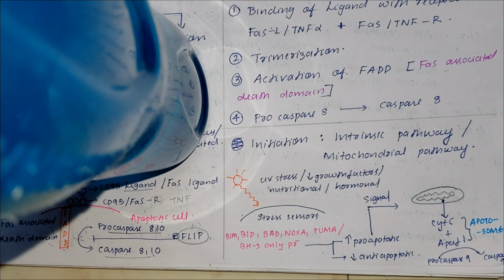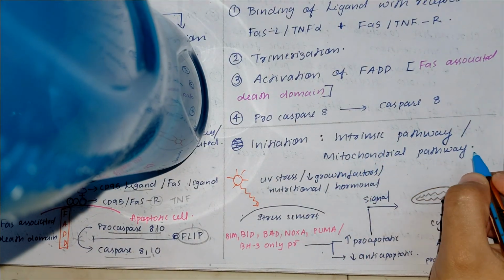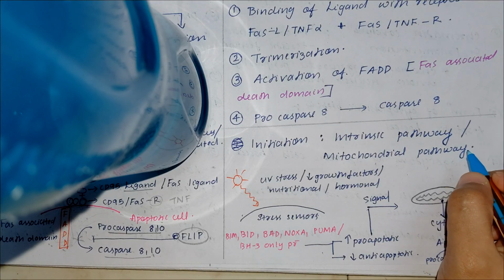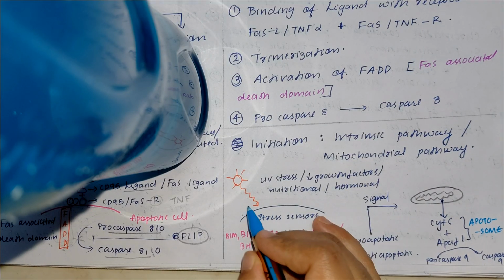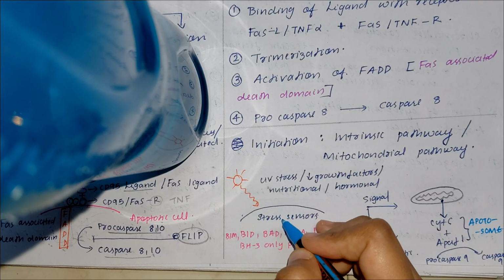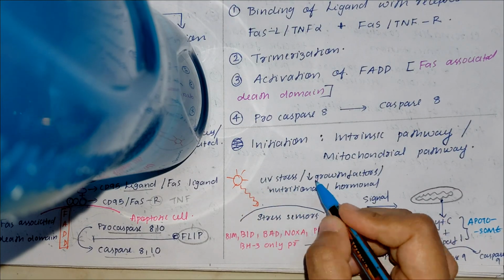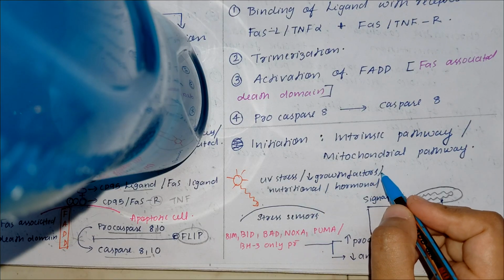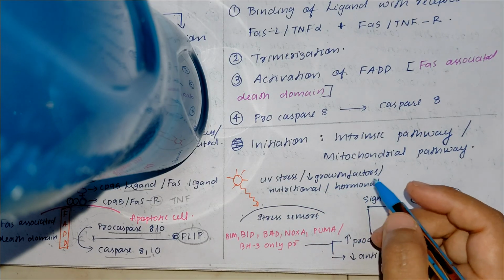Now let's learn about the intrinsic pathway, also called the mitochondrial pathway. Obviously the mitochondria are going to be involved. Suppose this is a cell, and the cell is damaged due to various reasons: maybe UV rays, decreased growth factors, nutritional deficiency, hormonal changes, anything.